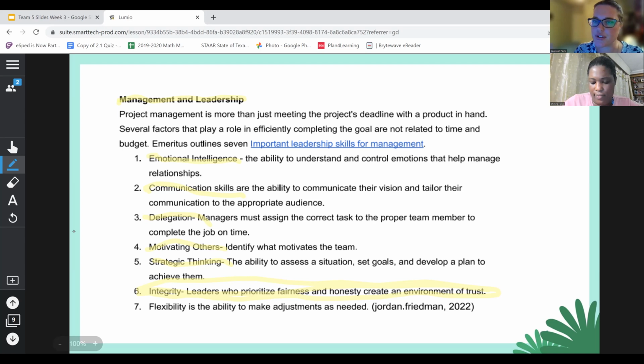It means that you are team captain and you want to create a winning team. How are you going to do it? You have to have your team trust you. You also have to be flexible, especially whenever we come to the globalization age where we might have employees working virtually.